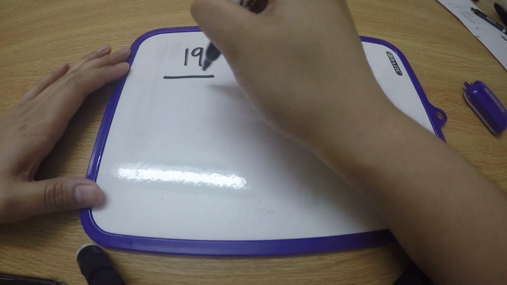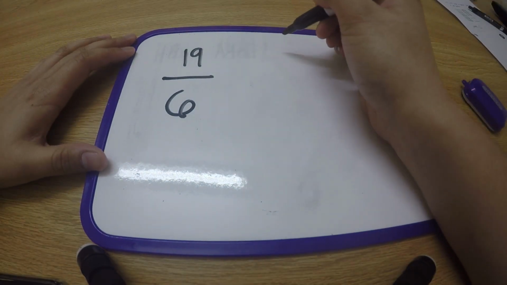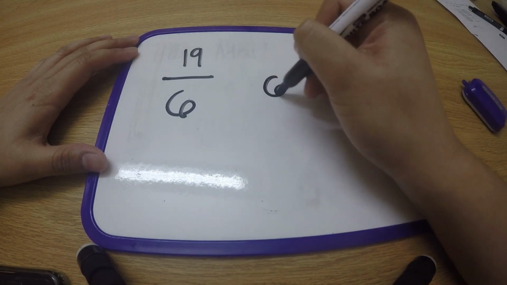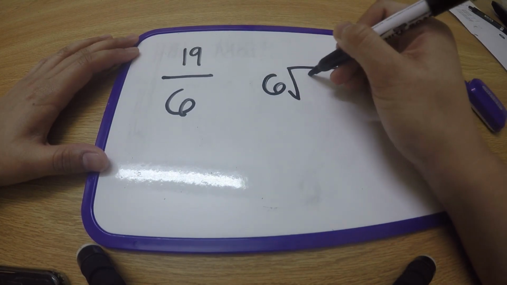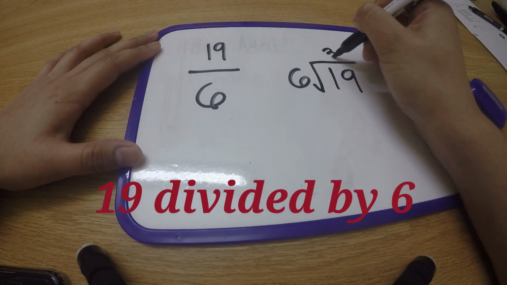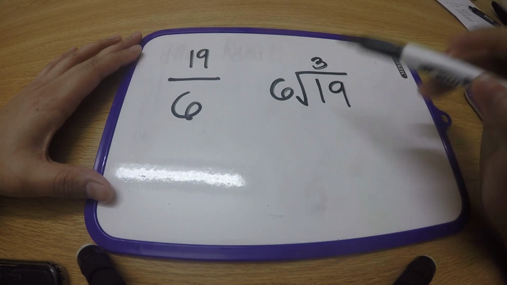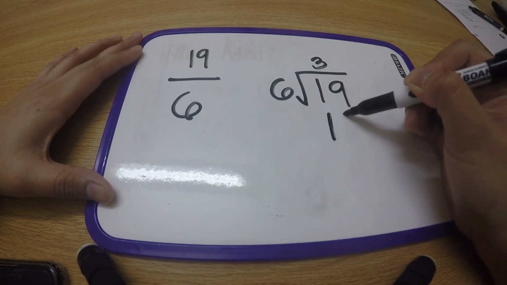My example is 19 over 6. First divide and write the quotient. So it will be 6 into 19. And then you multiply 3 times 6. So it will be 18.